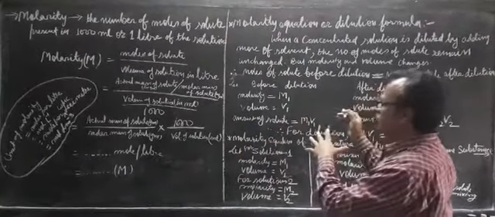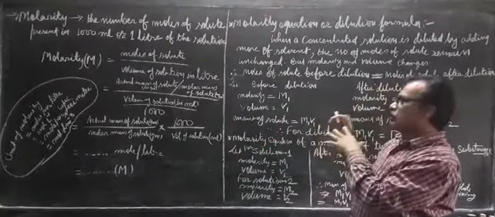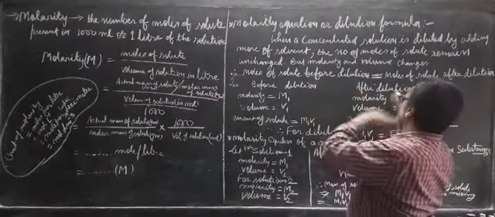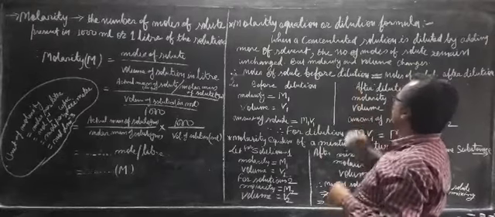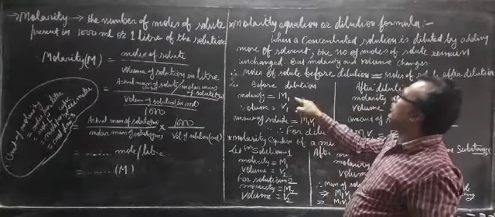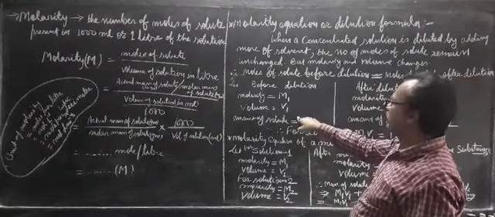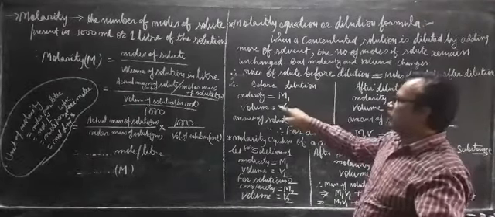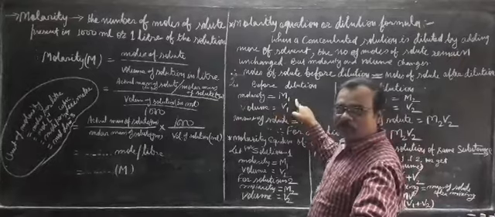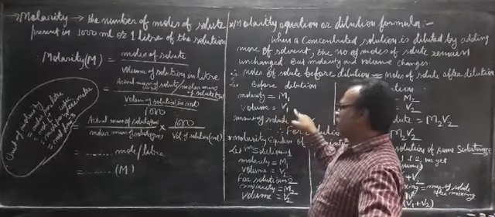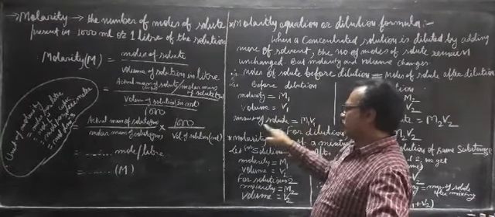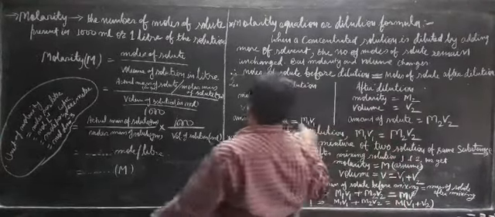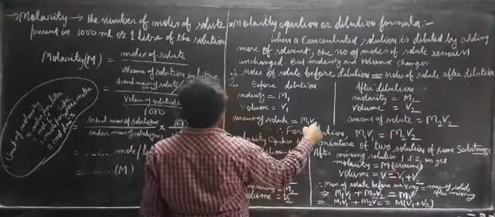So now we have understood that the total amount of solute remains the same before the dilution and after the dilution. Before the dilution, we assume that the molarity is M1, the volume is V1, and the amount of solute would be molarity into volume.